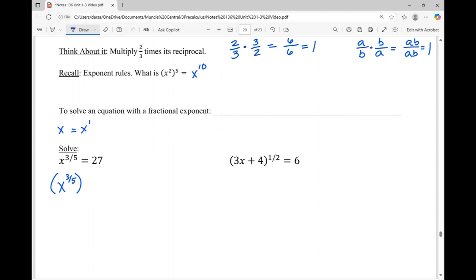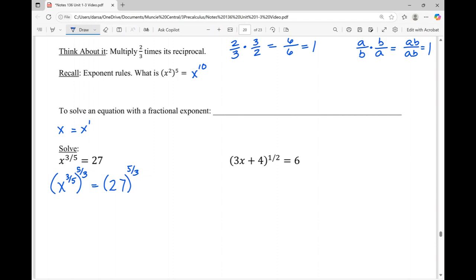So what exponent can I put on this that will give me a 1? Well, we just saw it, the reciprocal. So we're going to raise both sides of this equation to the 5/3, or the reciprocal of 3/5.